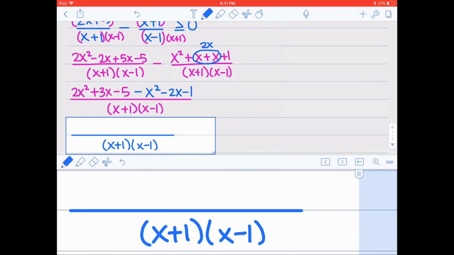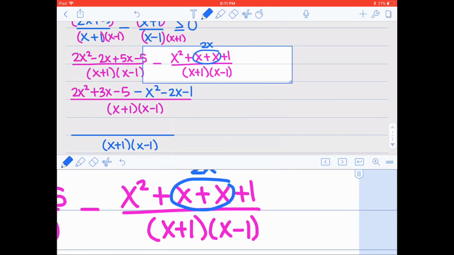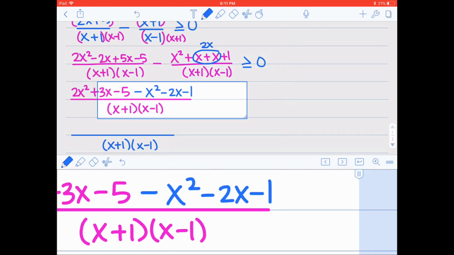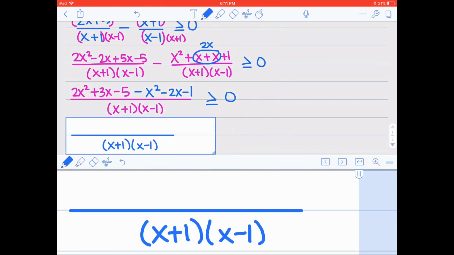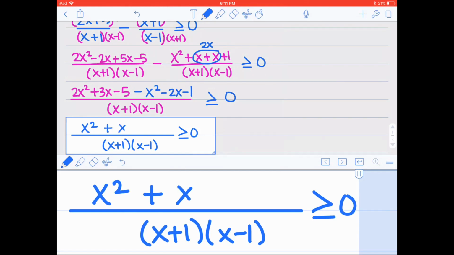I kind of ditched my inequality there, so this inequality should be greater than or equal to 0, and the same thing for what I'm about to write down here, greater than or equal to 0. So 2x squared minus an x squared is just x squared. 3x minus 2x is positive x. Negative 5 and negative 1 makes negative 6.